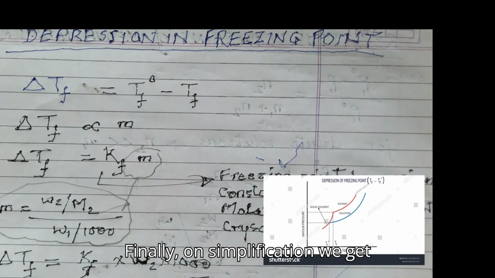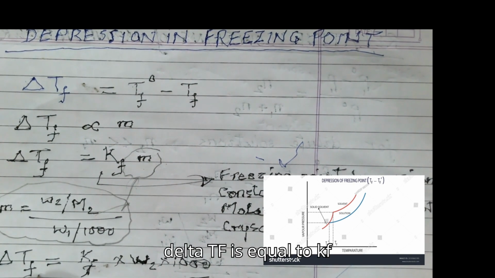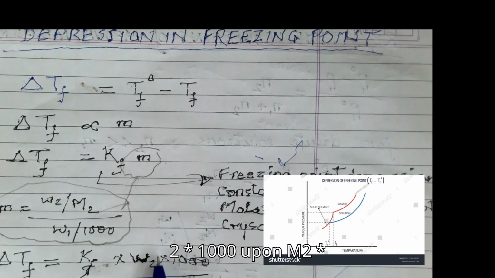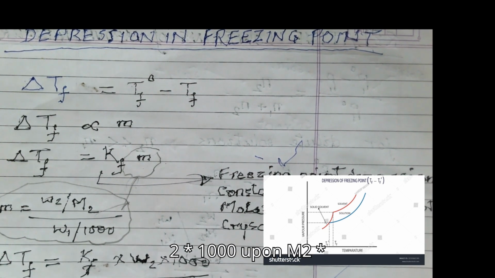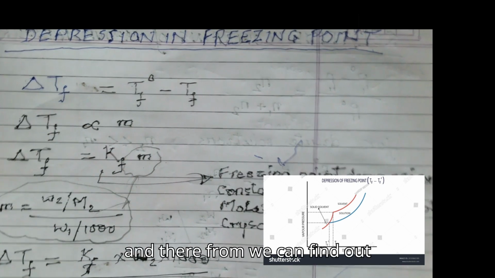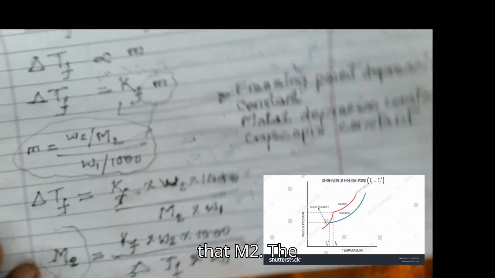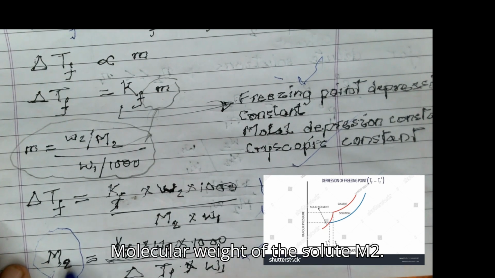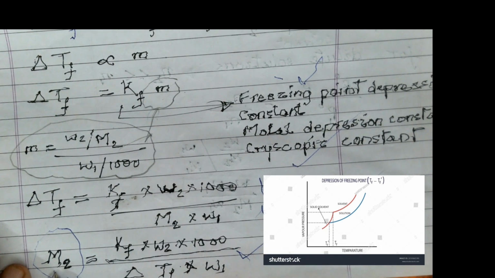So finally, on simplification, we get delta Tf is equal to Kf into W2 into 1000 upon M2 into W1, small letter W1. And therefrom, the best advantage of this expression is that we can calculate the molecular weight of the solute, M2.